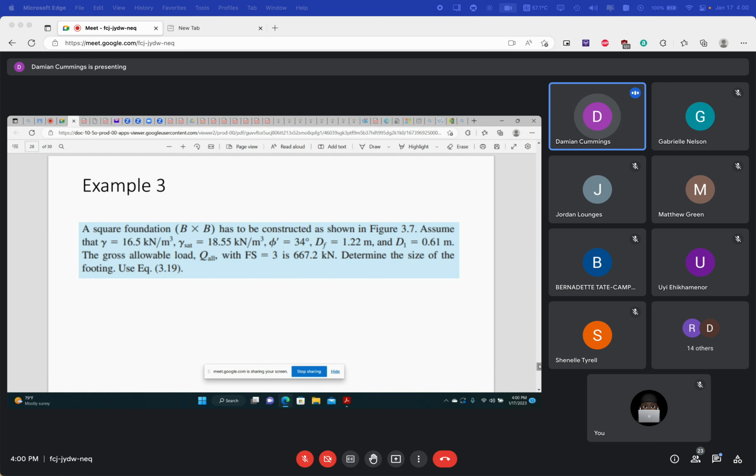Or you can use the net increase in your stress as a guide. So if your ultimate load divided by a factor of safety can be equated to your net stress increase in the soil, then you can use that as a guide to determine a suitable factor of safety.